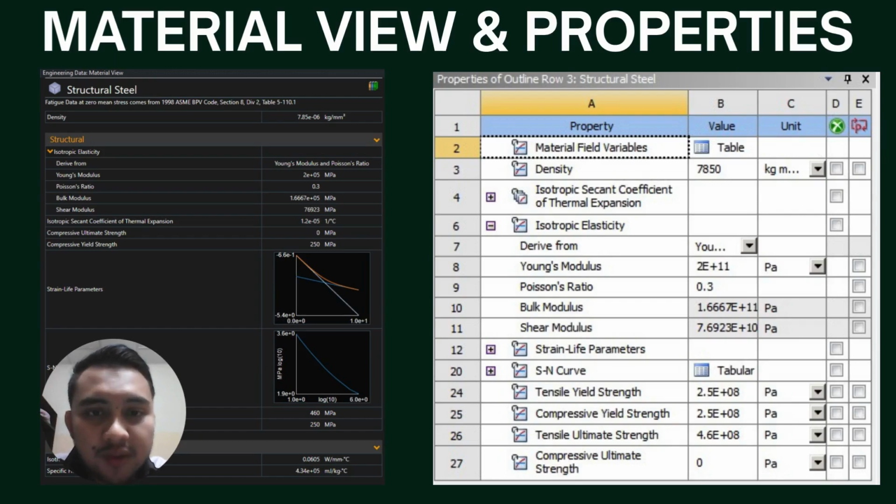The most important ones are density, which is 7,850 kilogram per meter cube. Next, the Young's modulus, which is 2 times 10 to the power of 11 Pascal. Poisson's ratio, which is 0.3. And finally, the yield strength, which is 250.